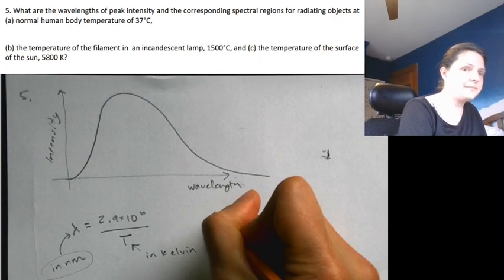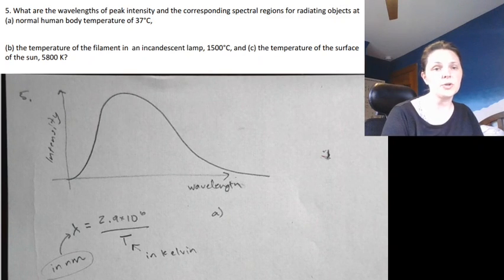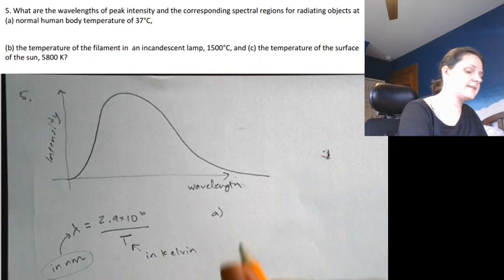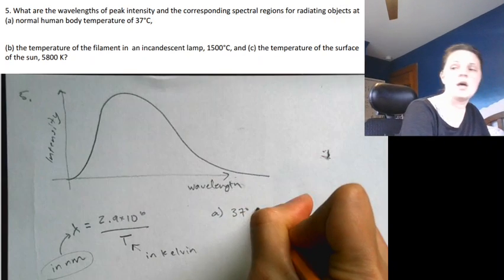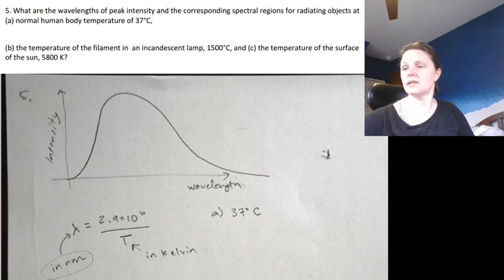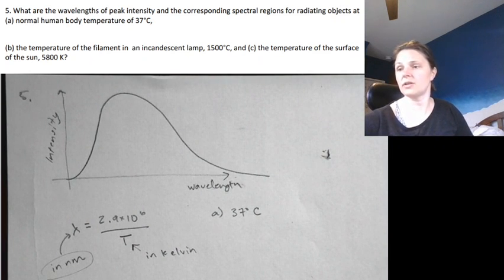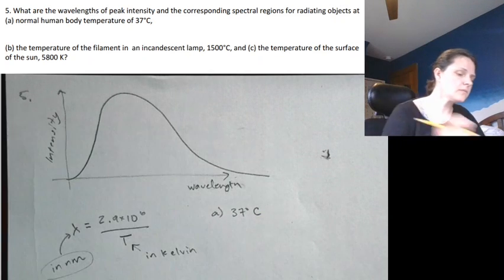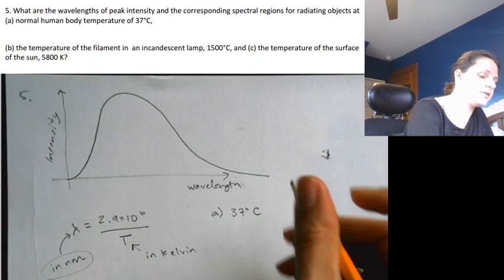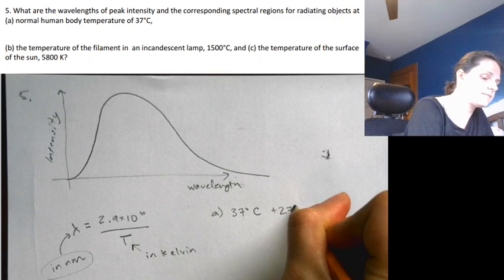So for A, I have normal human body temperature of 37 degrees Celsius. Up on the equation sheet, there is a formula that will let you convert from degrees Celsius to Kelvin. In order to convert to Kelvin, you add 273 degrees.